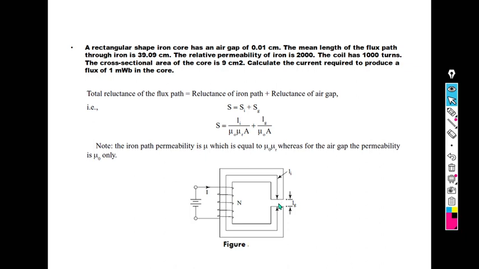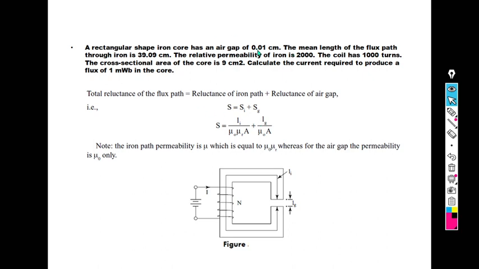Now if I solve, the total reluctance of this path is Li by mu naught mu r A for the iron, plus Lg by mu naught A for the air gap, where Lg is the length of the air gap.